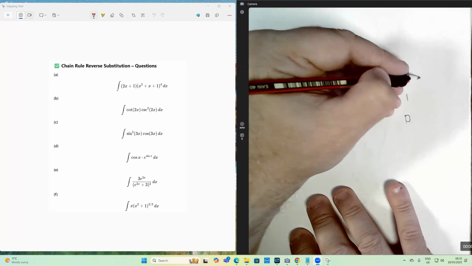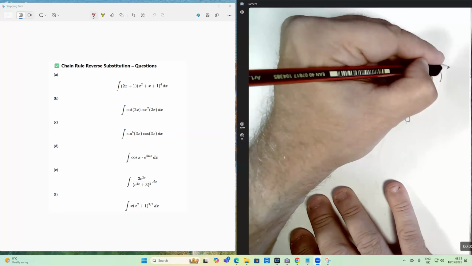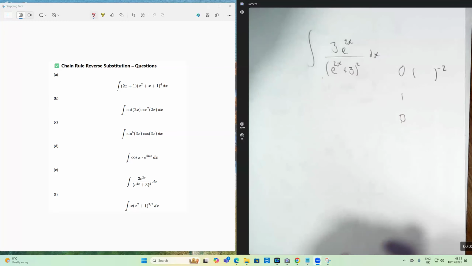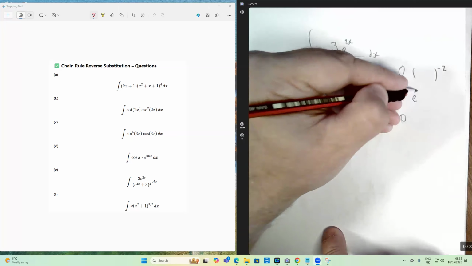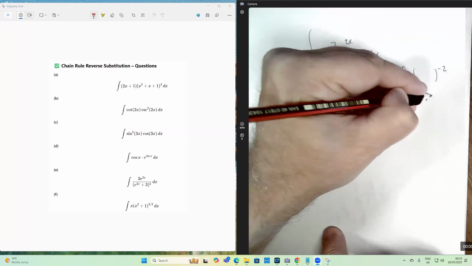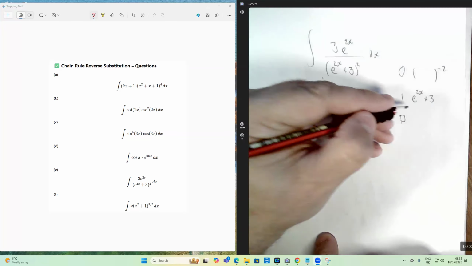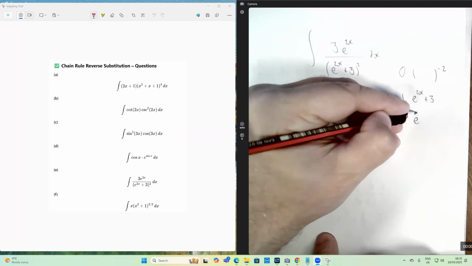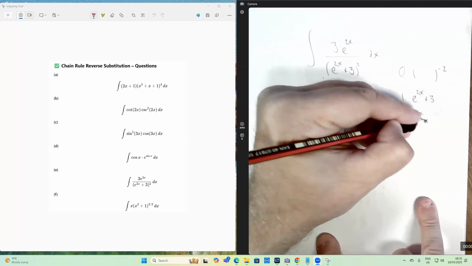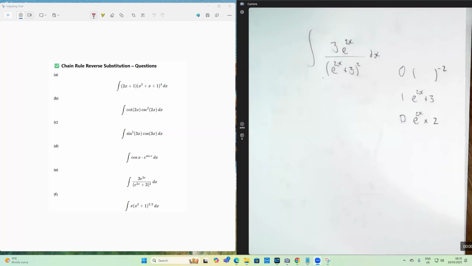So my outer in this case is something to the power of -2. My inner is the e to the 2x add 3. The derivative of e to the 2x add 3 is e to the 2x, but I must remember to times by the derivative of the inner function. So it's actually e to the 2x times by 2.